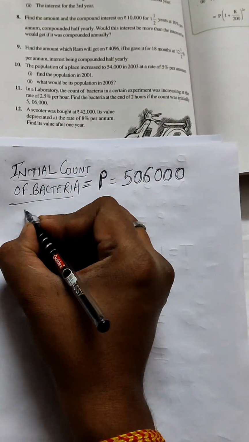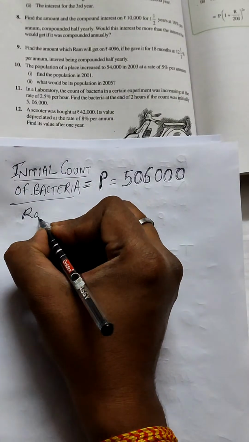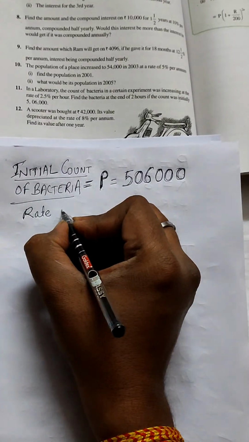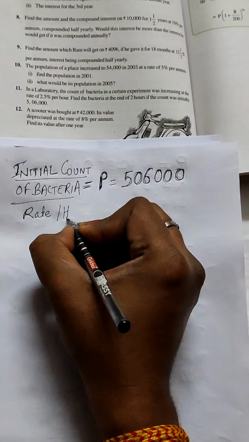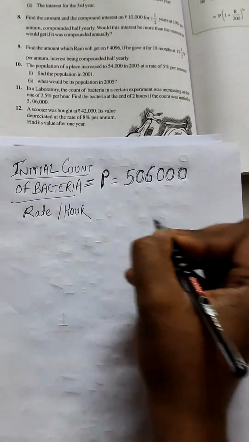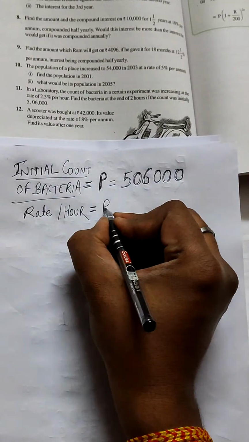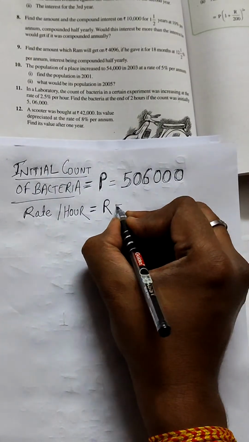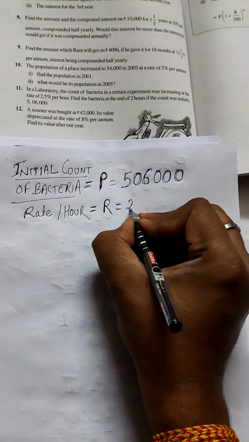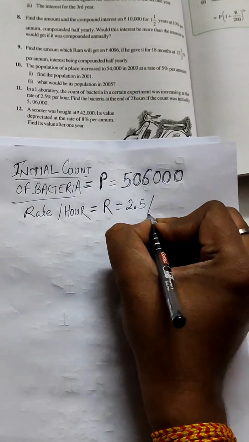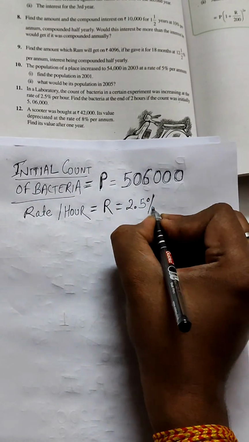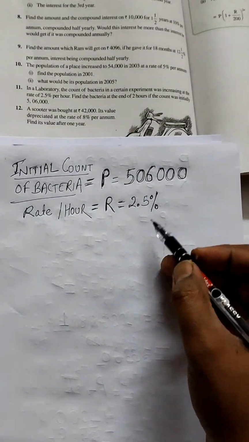So rate per hour, right? This is given to you as 2.5%. This is the rate given to you.